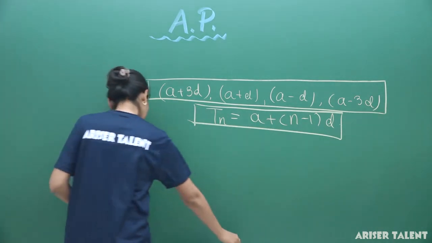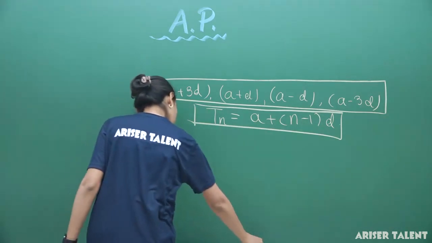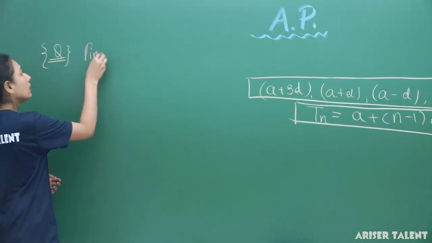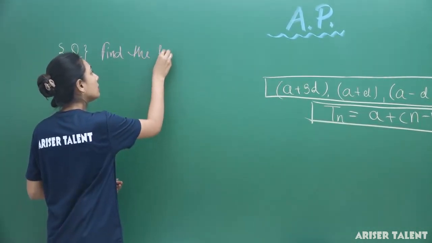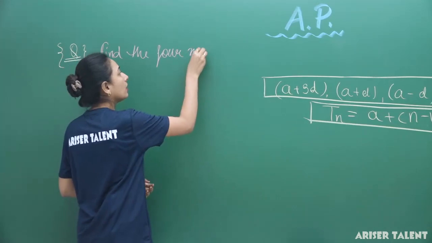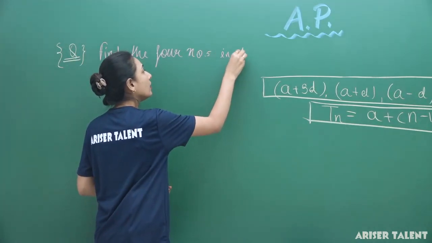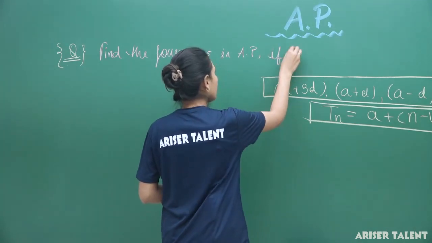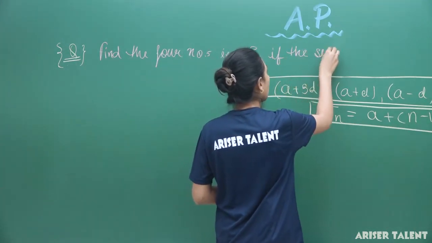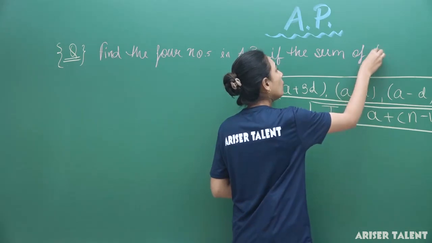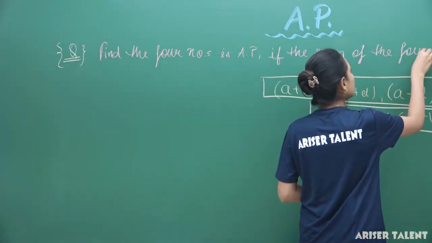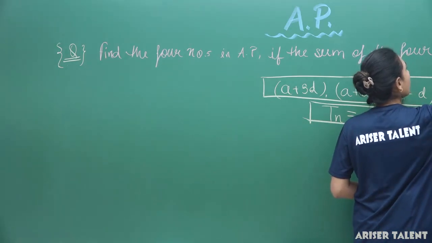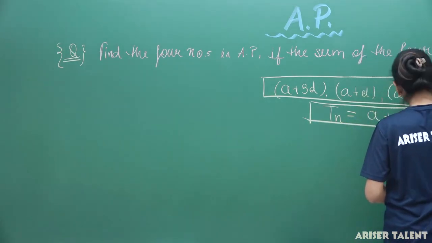So the question is: find the four numbers in AP, that means arithmetic progression, if the sum of the four numbers is 50.